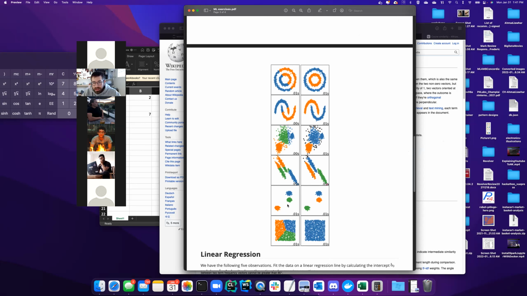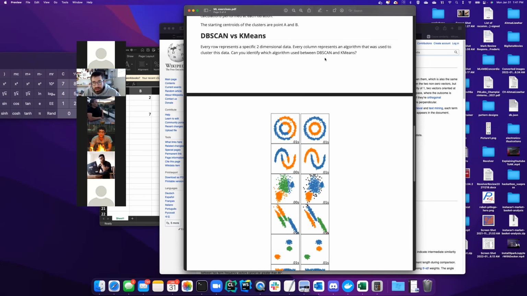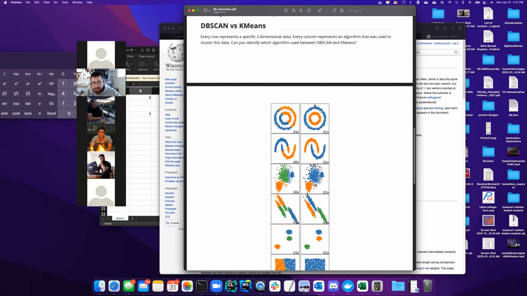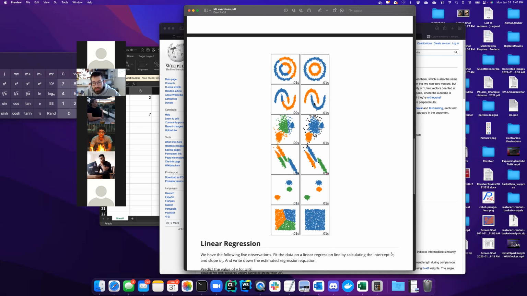Well, by itself, you probably can't tell, but in the question, it says that this whole column is using one algorithm, and this whole column is using one algorithm. Yeah, sure, we can deduce that, but is there any indication why, or is it just that the other ones are k-means? Looking at these two, they gave you exactly the same result.